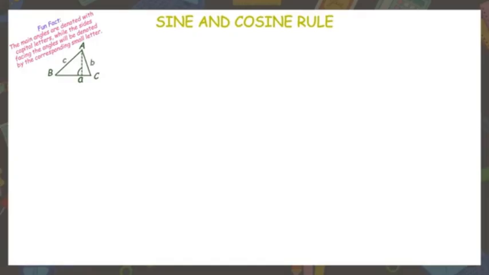Now, in sine rule, it is the small letter over the sine of the angle, which is equal to the next small letter over the sine of the angle facing it.